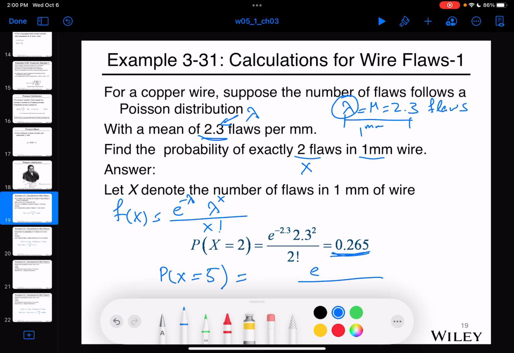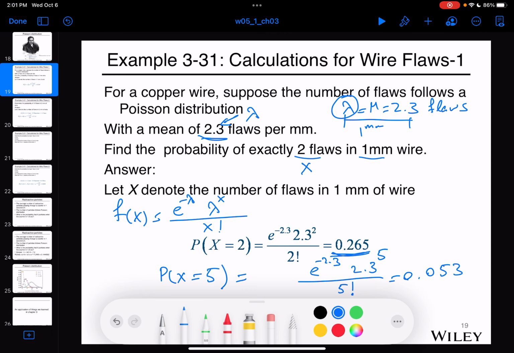So e to the minus 2.3 times 2.3 to the power 5 divided by 5 factorial, right? Can somebody calculate this, please? 0.053. Thank you. 0.053? Yeah, so it's much smaller, right?